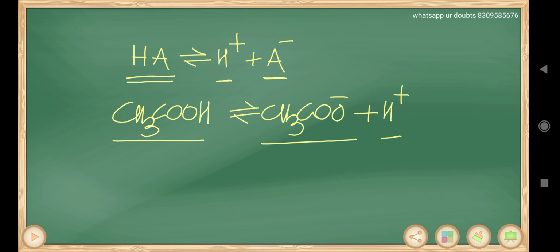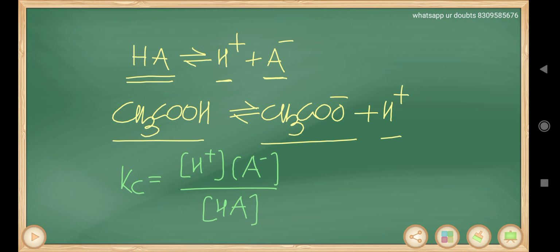Now, when equilibrium is there, you can write the equilibrium constant. Equilibrium constant Kc is equal to concentration of H plus into concentration of A minus by concentration of HA. This is the equilibrium constant for the weak acid's ionization process, HA giving rise to H plus and A minus.